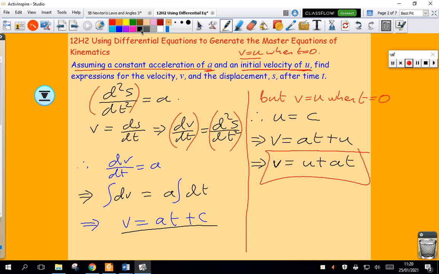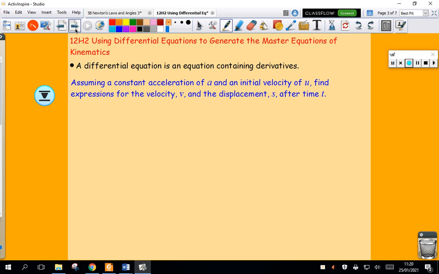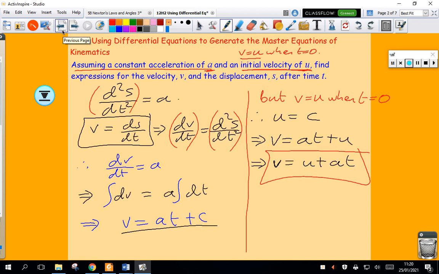Remember also that v is equal to ds/dt. v is ds/dt. So we're going to use that substitution now to solve this equation one more time. I'm going to do that over the page. So what have we found? Well, we've just found that v is equal to u plus at. We know from our substitution that v is ds/dt.